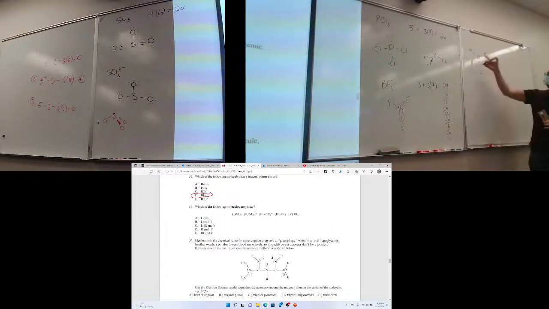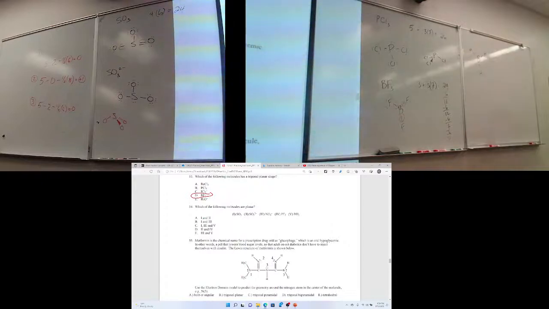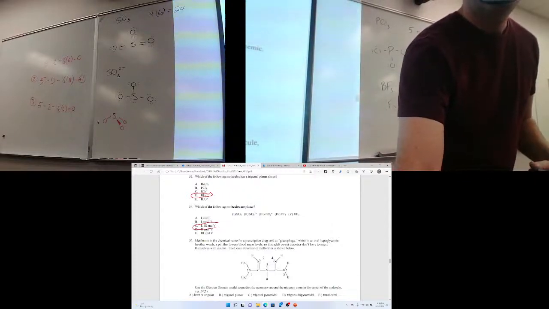Boron has 3, hydrogens have 1 each, so 3 total, 6 total electrons. 2, 4, 6, that's it. And this is a case where boron can have fewer than 8 to be stable. So that's planar too. It's trigonal planar. So 5 is good too. So C is the answer. 1, 3, and 5 are all planar. They all happen to be trigonal planar.